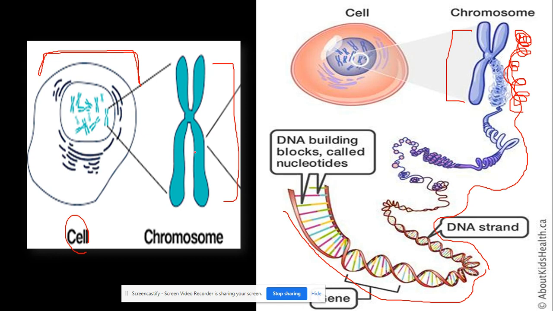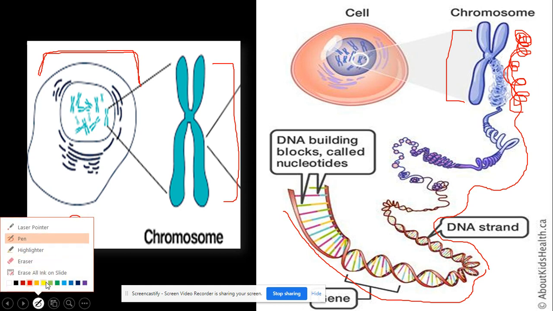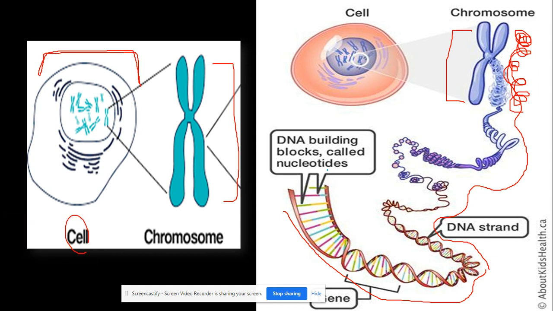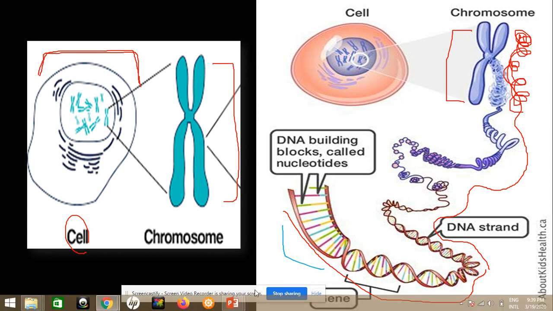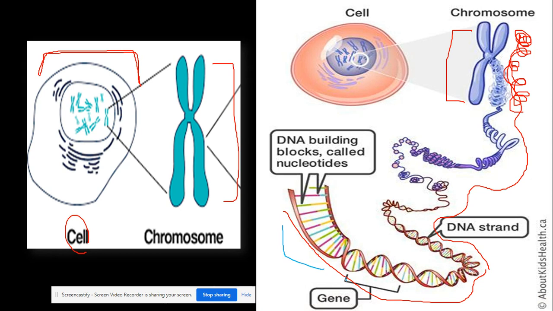chromosome. And on this DNA, let's change the color. On this DNA, or long chain of DNA, we have our genes. So we have like here gene number 1, gene number 2, gene number 3, gene number 4. Every section, actually it's a sequence, but we're going to refer to it as a section.